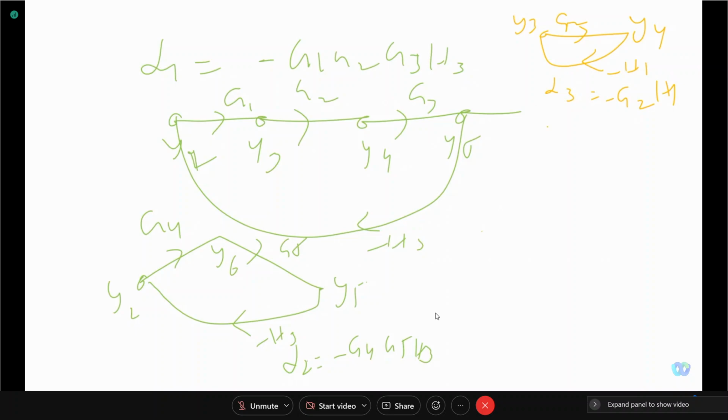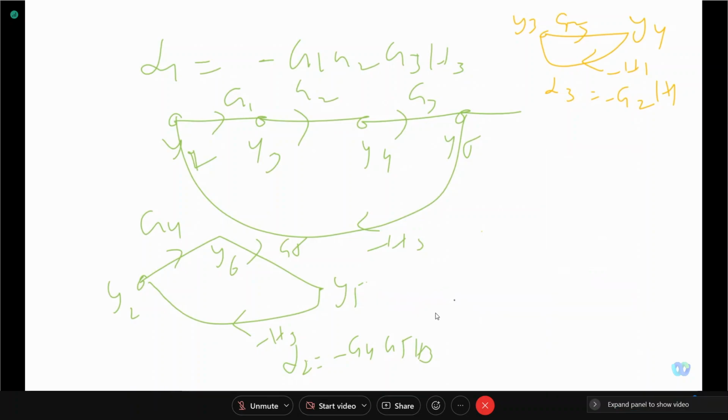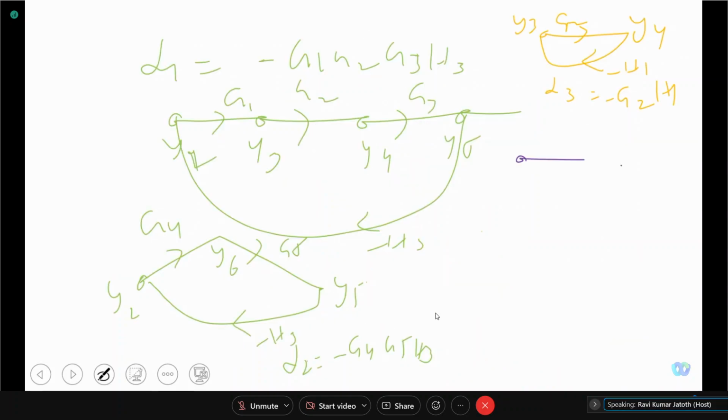Yeah. So now one more loop is Y4, Y5, Y4.